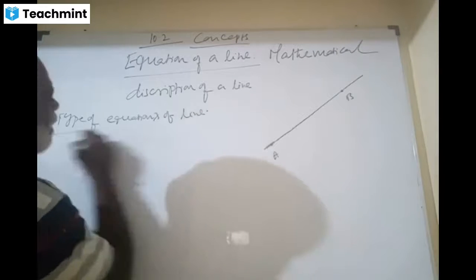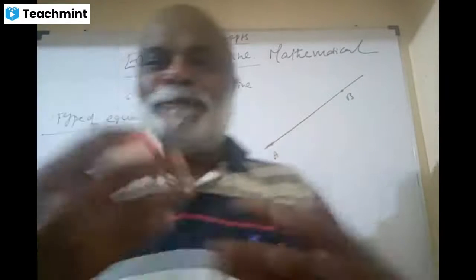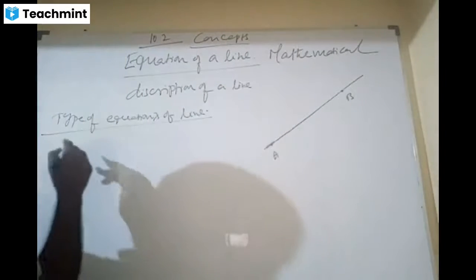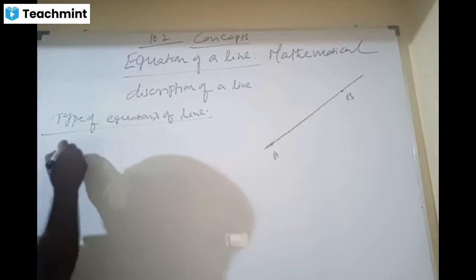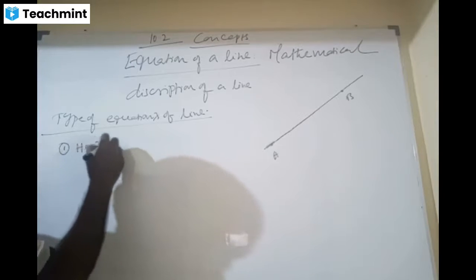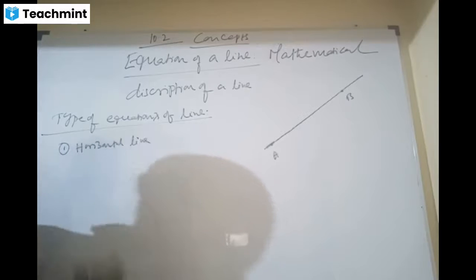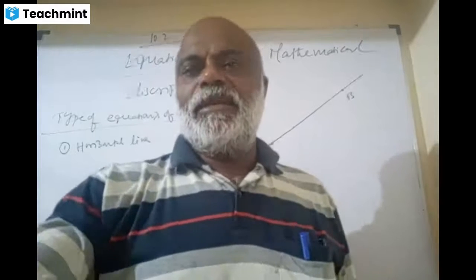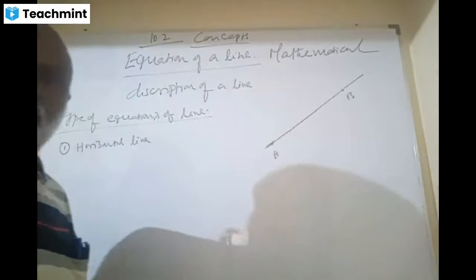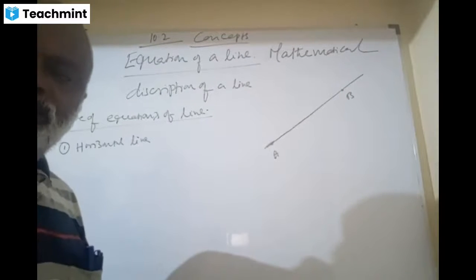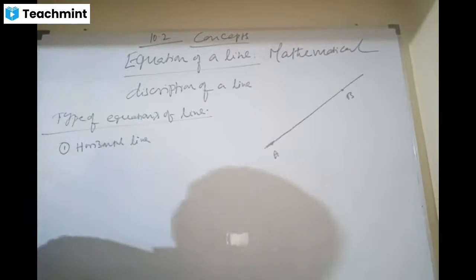Now, how many different ways can you describe a line? Number 1, horizontal line. What do you mean by a horizontal line? It is parallel to the x-axis.